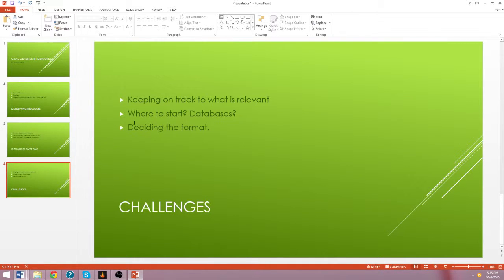Again, where I should have started, what databases to use. Should I stick with the library science side of databases, or should I go history side with JSTOR? And I chose the history side, because I was comfortable with historical databases, as well as JSTOR is one of my favorite databases. I like the way they're set up.